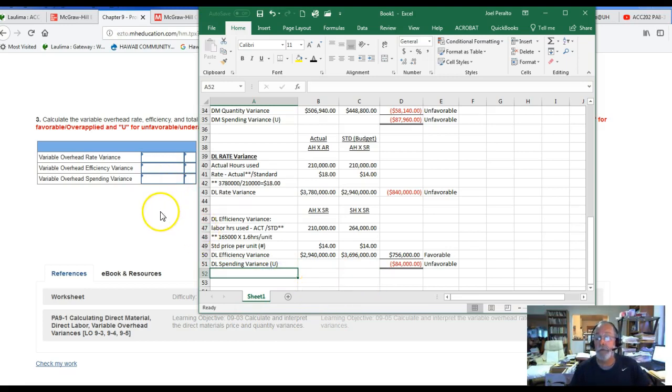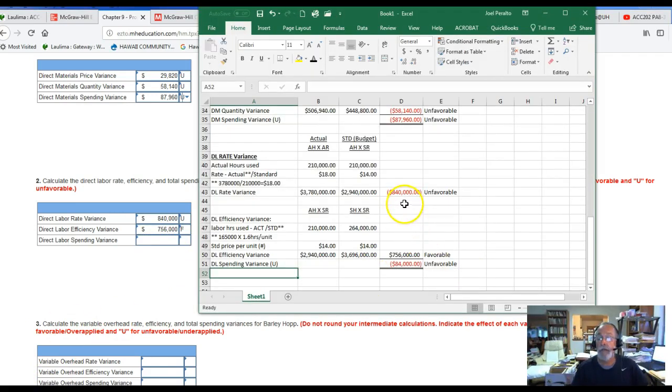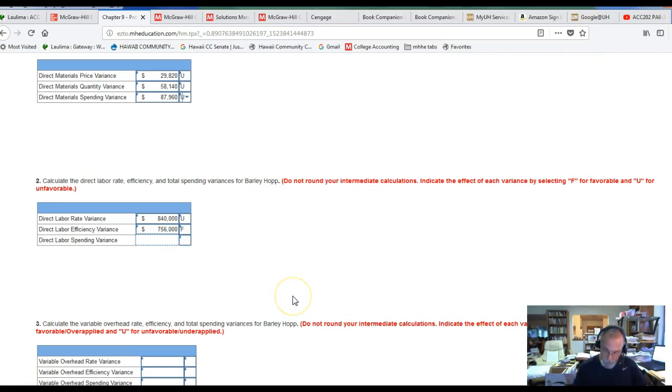So our 756, and this one shows as favorable, and then the combination of the 840 unfavorable, 756 favorable gives us an $84,000 combined spending variance, which is unfavorable.